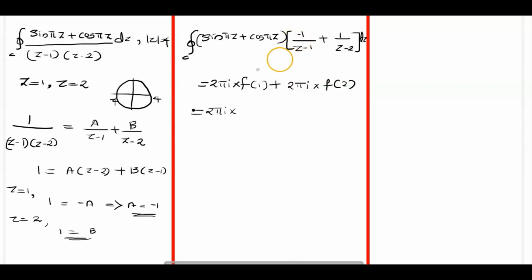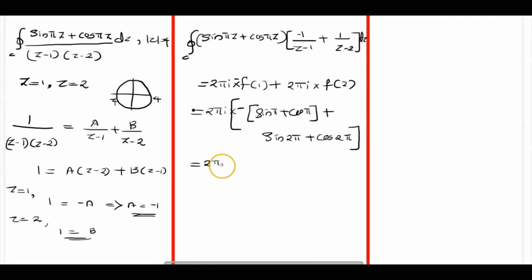Already there is a minus 1, minus f of 1. sin pi into 1, that is sin pi plus cos pi, plus 2 pi I is common plus f of 2. F of 2 is sin 2 pi plus cos 2 pi.